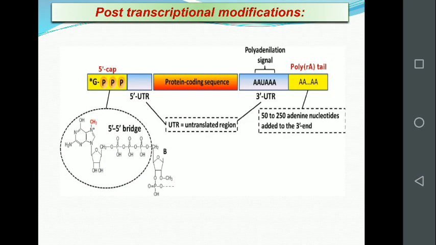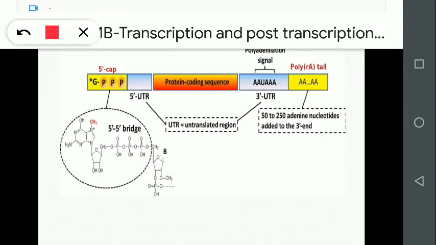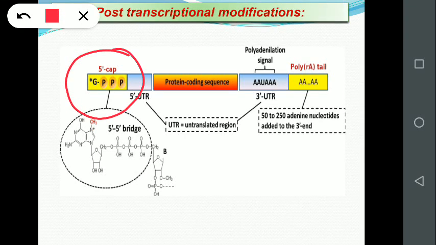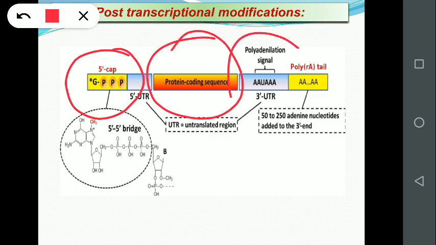When we look at these two post-transcriptional modifications, we observe that the 5' end is capped by a 7-methyl GTP cap, then we have the coding region, and the polyadenylation signal sequence, followed by the poly-A tail.